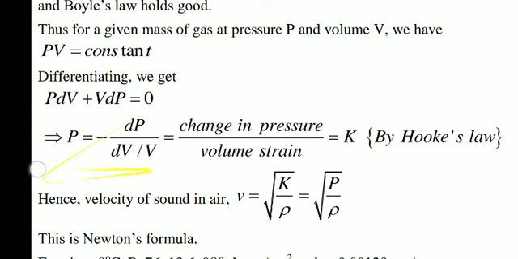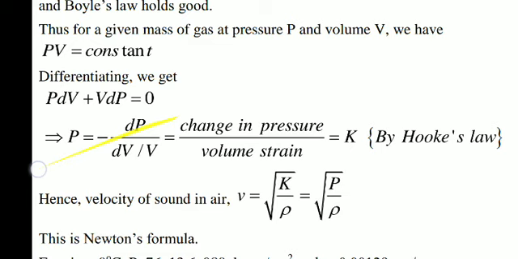Now what is dP? dP is nothing but the change in pressure. Whenever we differentiate some function, we are actually finding the change in that particular function. So dP is the change in pressure, dV is the change in volume, divided by V, the original volume. Therefore the change in volume divided by the original volume is nothing but the volume strain.